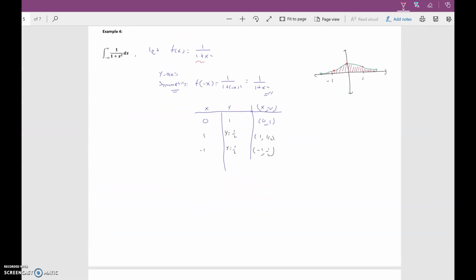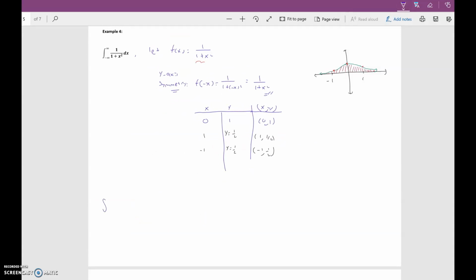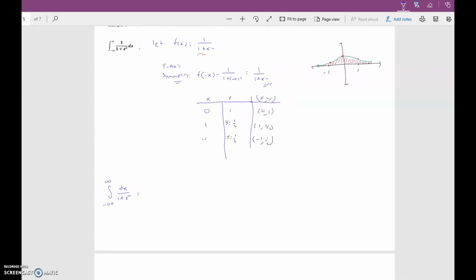Okay, so let me start the problem here. We have the integral from negative infinity to positive infinity of dx over 1 plus x squared. And then I'm just going to use symmetry, and say that this is equivalent to 2 times the integral from 0 to infinity of dx over 1 plus x squared.